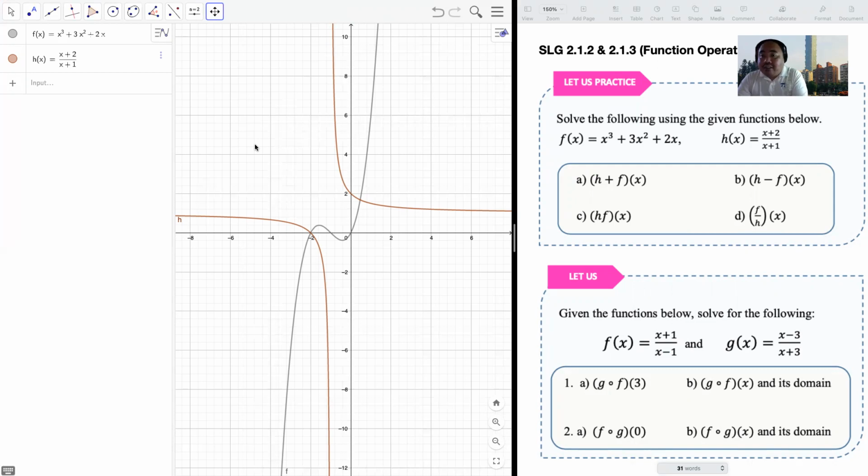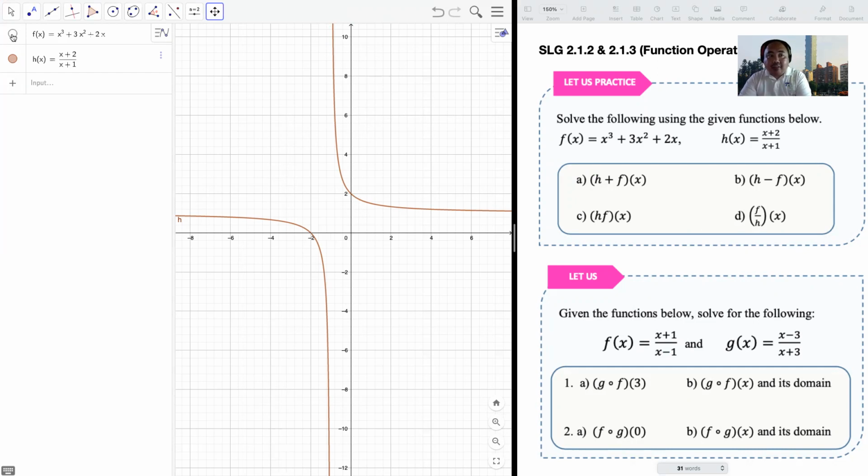And you are asked by this exercise the sum, the difference, the product and the quotient of the two functions. So are we able to do that? Let's see. For now, let me mute these two functions.